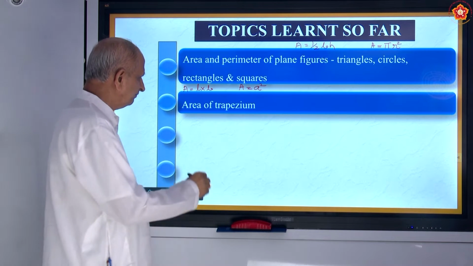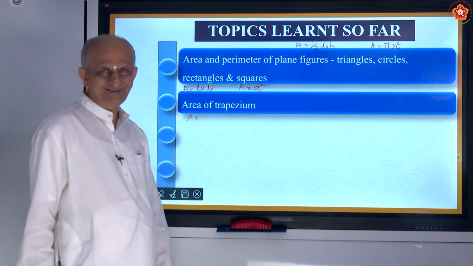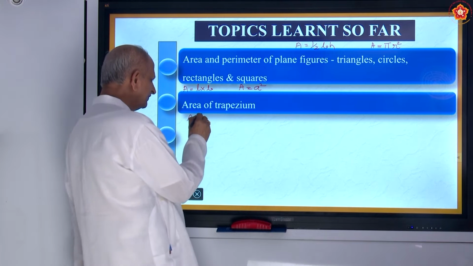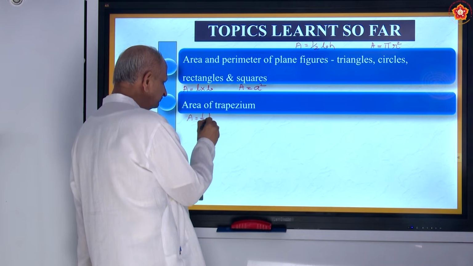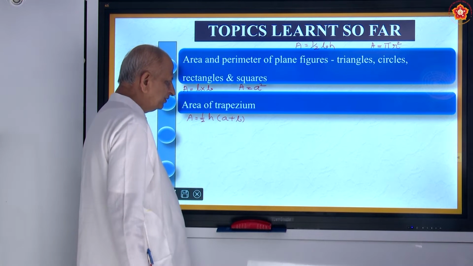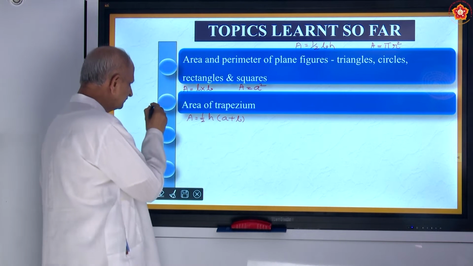Area of trapezium. Come on. Who will tell? Yes. A is equal to half of H into A plus B. What is A and B? They are the parallel sides. What is H?